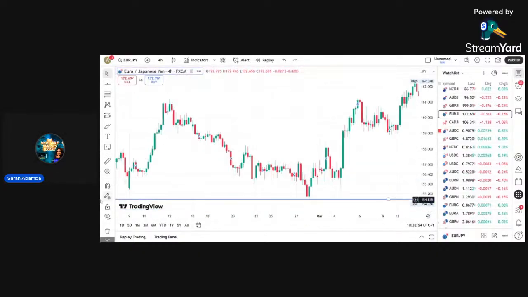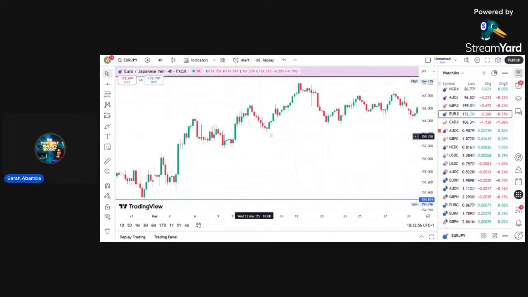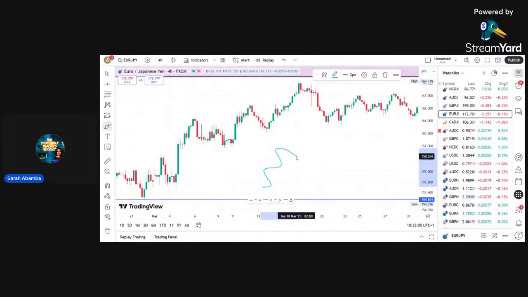I think I can use this stick here. So the head and shoulders pattern is something like this. Market goes up, comes down, then goes up to give a higher high, comes down, gives a lower low, and it starts coming down. So this is the head and shoulders pattern.